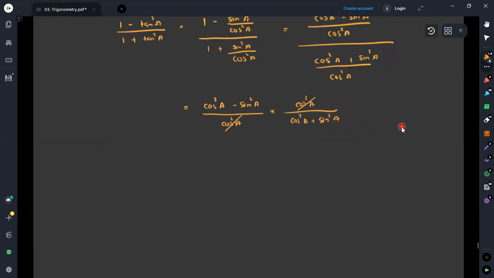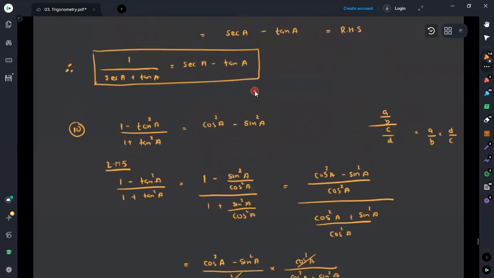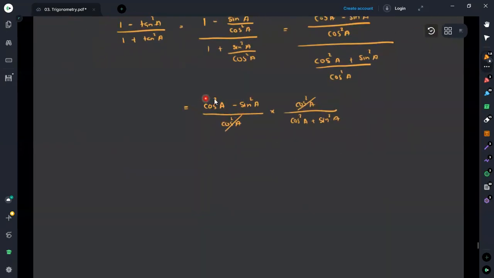But what we need to show is cosine squared A minus sine squared A. Apart from this quantity, we can see that cosine squared A plus sine squared A is equal to 1 according to the Pythagorean identity. Then we'll get cosine squared A minus sine squared A, which itself equals the right hand side of this identity.